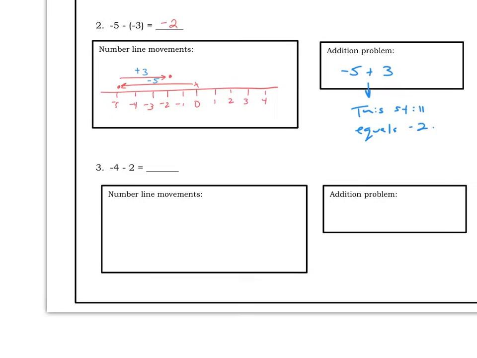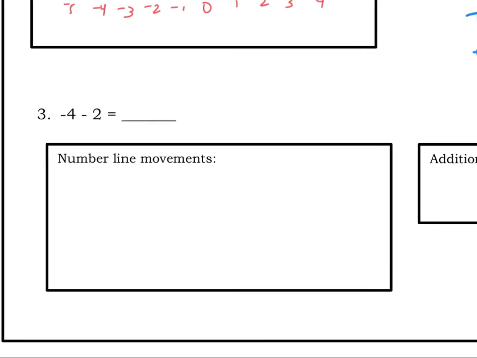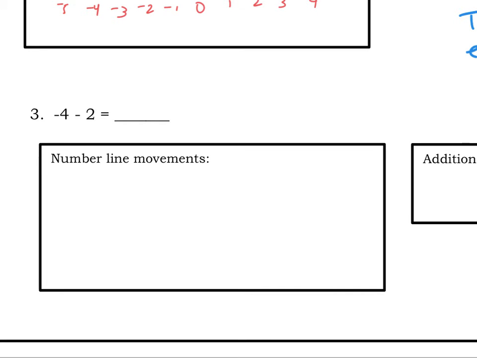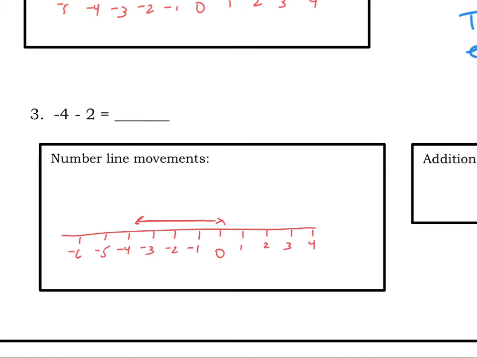All right, let's go ahead and take a look at number 3. Number 3 starts with a negative 4 movement. So I know I'm going to end up on the negative side. So let's go ahead. All right, so I start at 0, I go to negative 4.